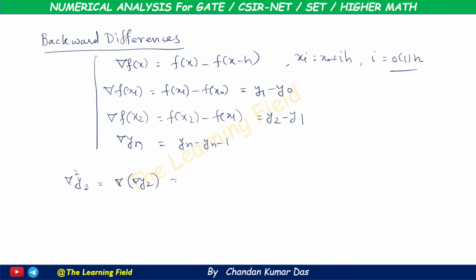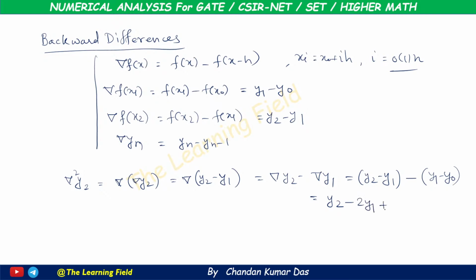Delta of delta y2 means delta y2 minus delta of y1, so this is equal to y2 minus y1 minus (y1 minus y0). So this is equal to y2 minus 2y1 plus y0. This is the first backward difference, because we can't write the second order differences of y0 or y1.